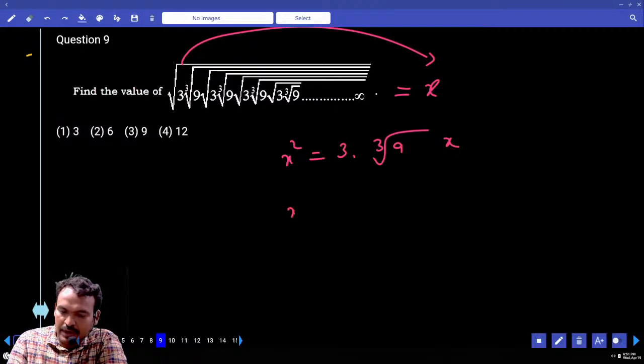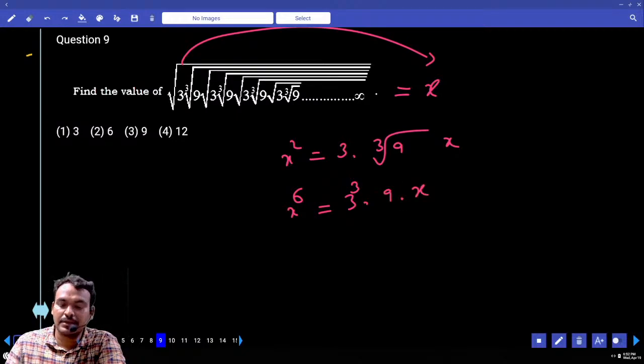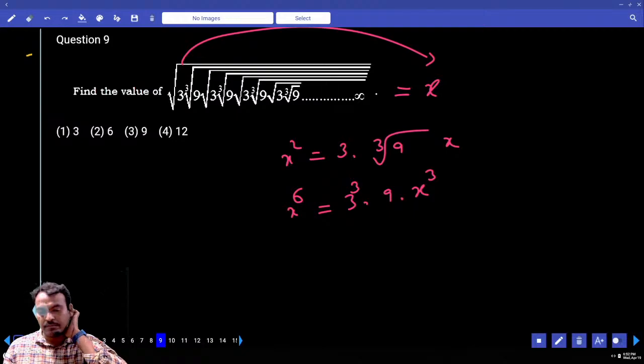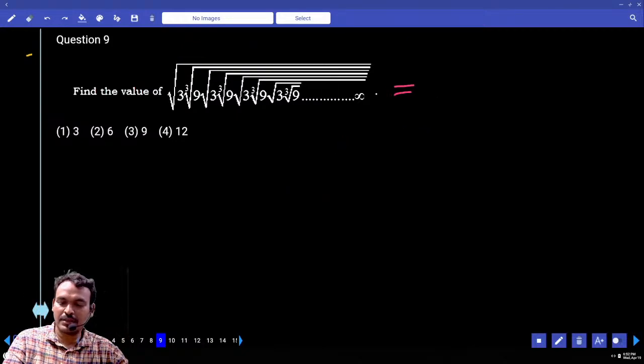Then x square equal to, again cubing on both sides. Cubing on both sides means x power 6 equal to 3 cube into 9 into how much value? X cube or x? X cube. It is equal to how much?